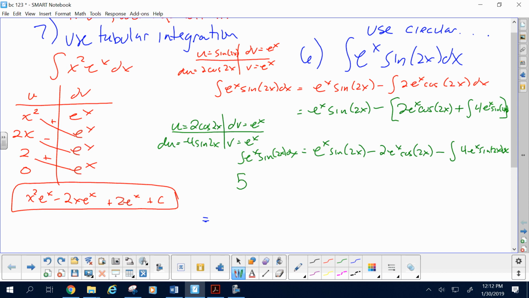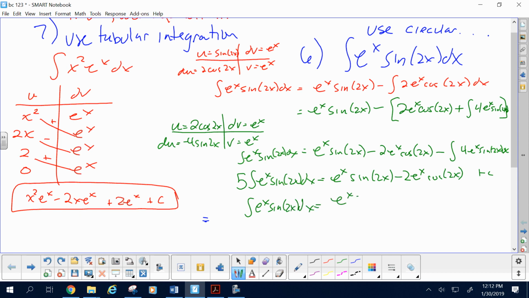So you should have 5 times the integral of e to the x sine of 2x dx equals e to the x sine of 2x minus 2e to the x cosine of 2x. I guess you could put a plus c there, or in the next step, as long as I have one by the end. Do you have that the answer is e to the x sine of 2x minus 2e to the x cosine of 2x all over 5 plus a c?